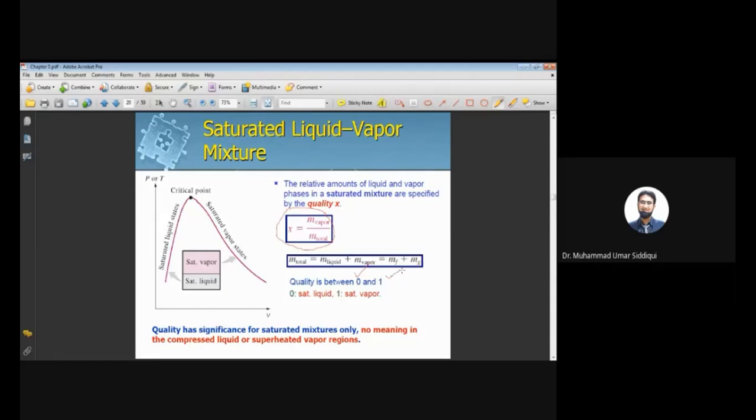Within this liquid vapor mixture region, its value should be greater than 0 and less than 1. At saturated liquid, its value should be 0. At saturated vapor, its value should be 1. And in the superheated region, quality has no meaning. In the compressed liquid region, quality also has no meaning. So first of all, do you understand the concept of quality here?